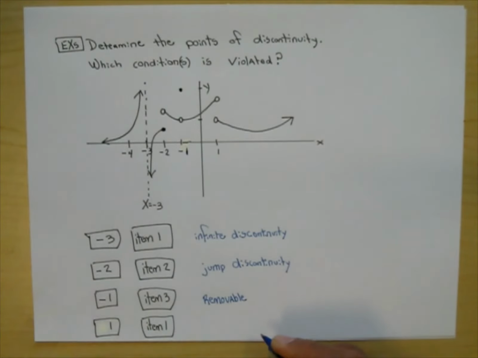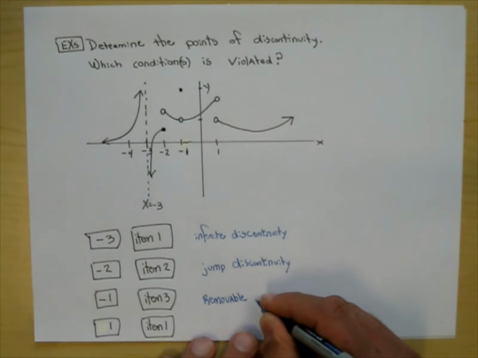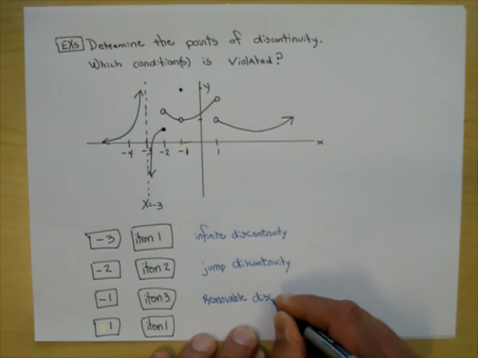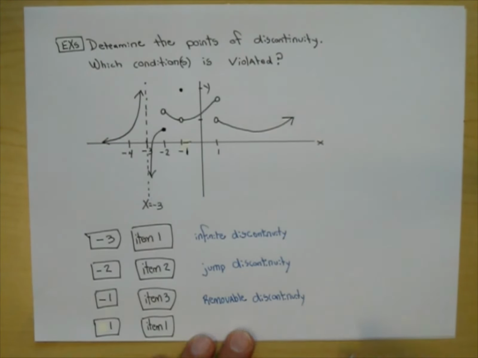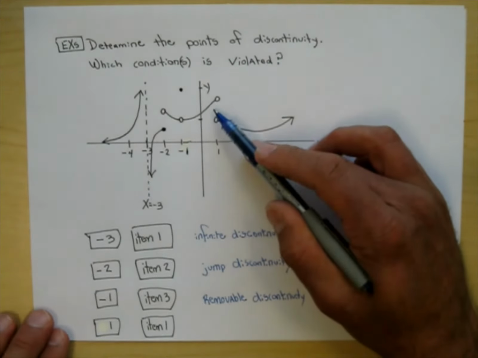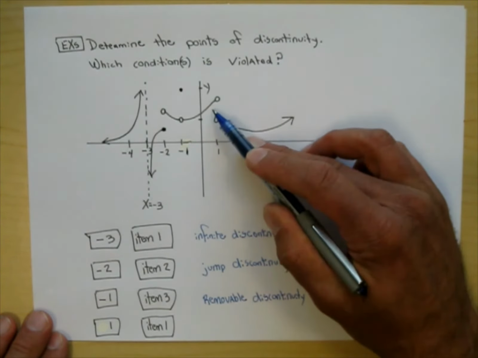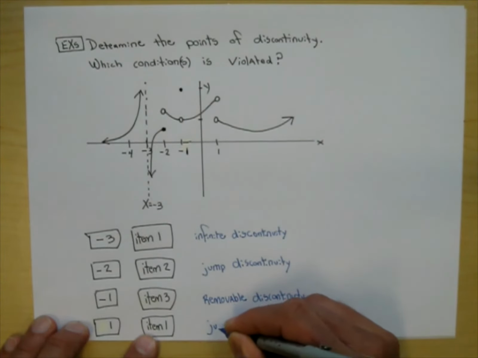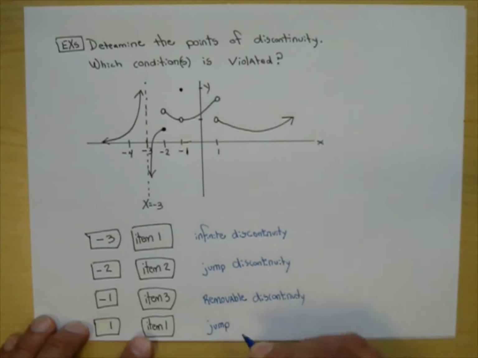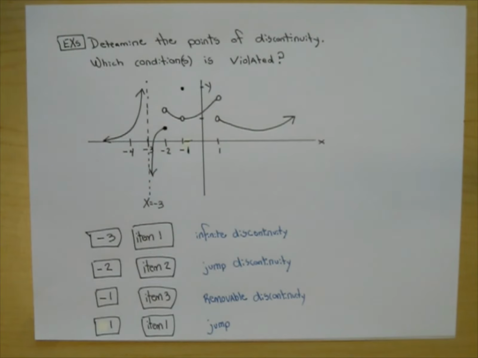Removable is when there's a hole in the graph, a removable discontinuity. So this discontinuity at x equals 1 is a jump discontinuity. So let me just put jump there. I don't want to write out discontinuity again. So 3 kinds of discontinuity.